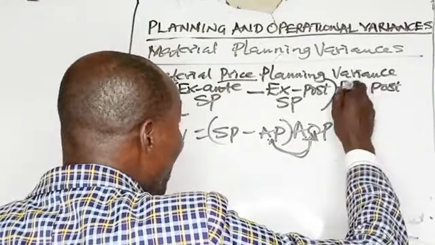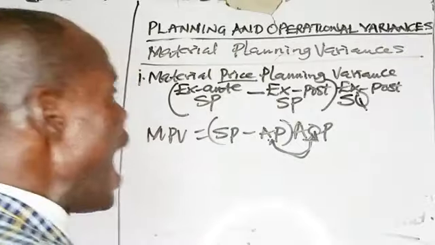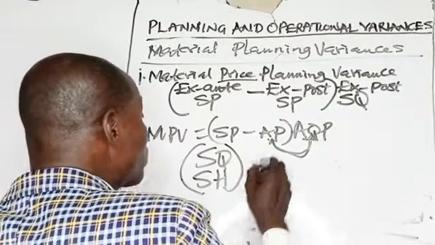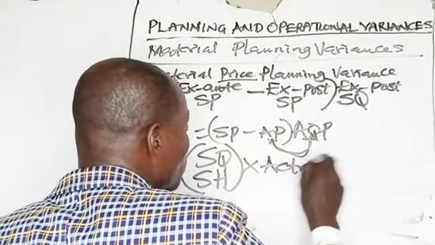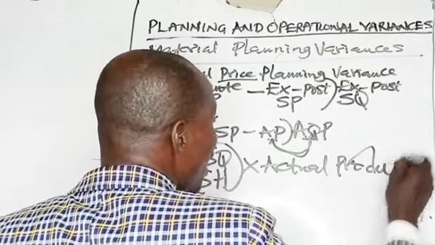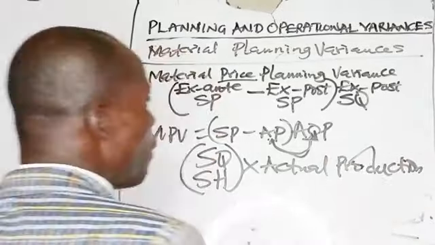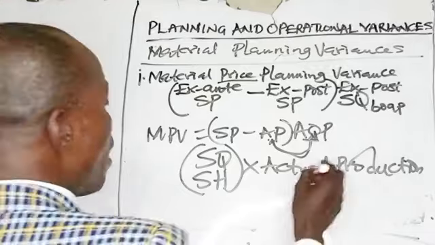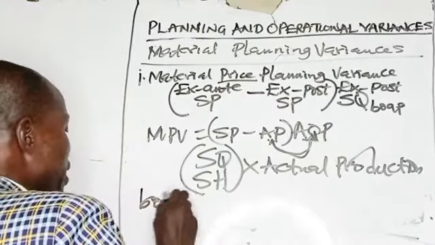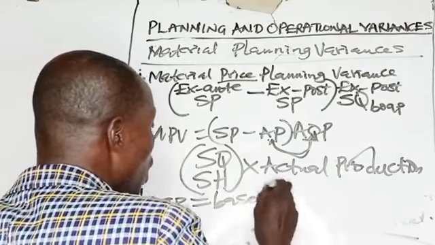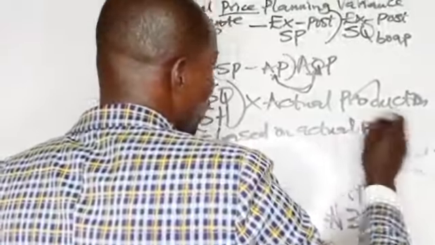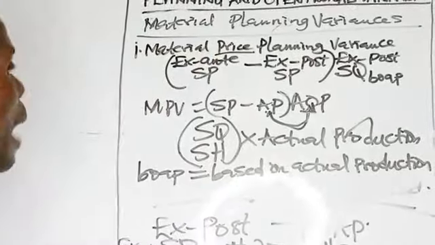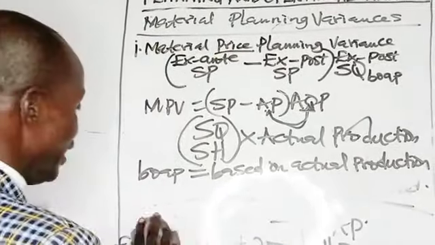Anytime you have standard quantity or standard hours, the two items must be multiplied by actual production. That is why we have ex post standard quantity BOAP, which means based on actual production. That is the formula for calculating the material price planning variance.